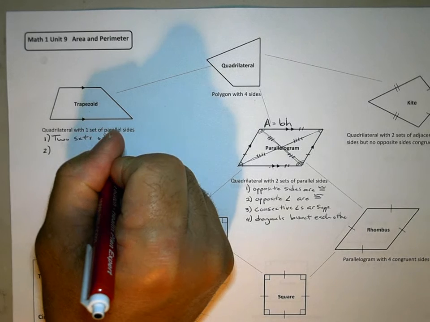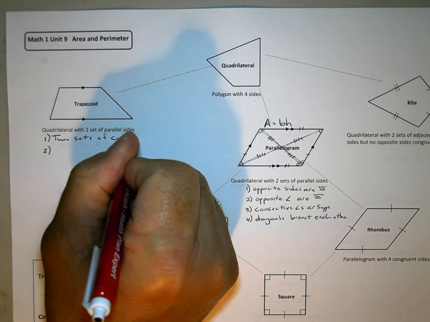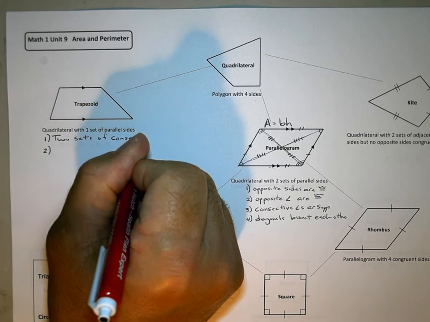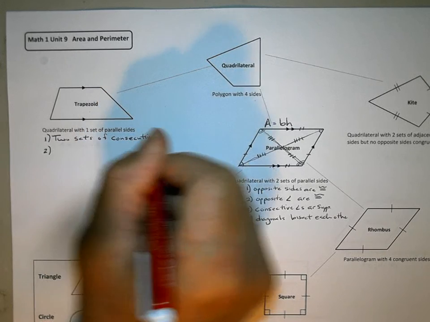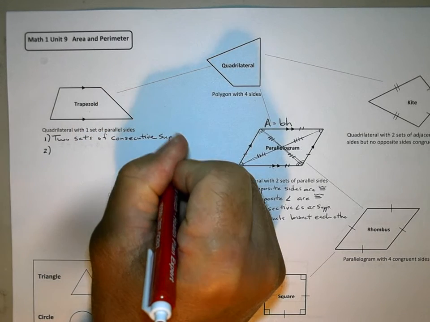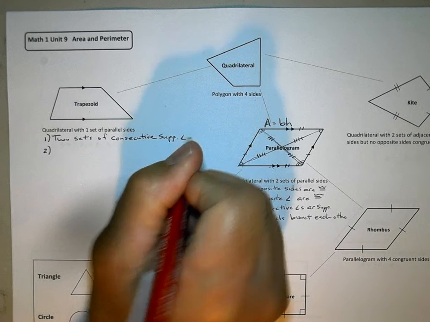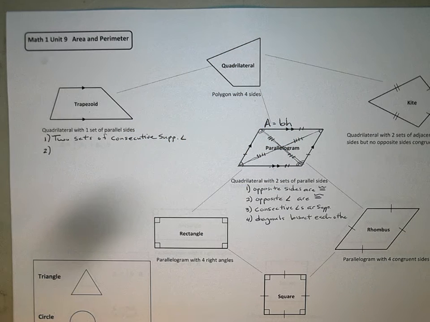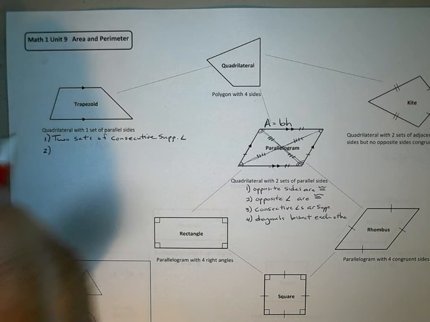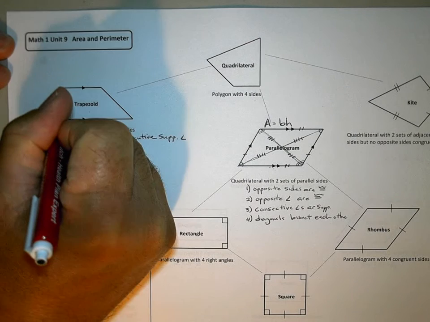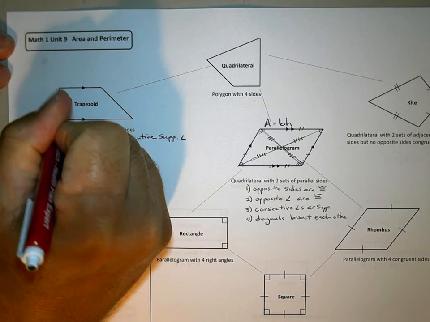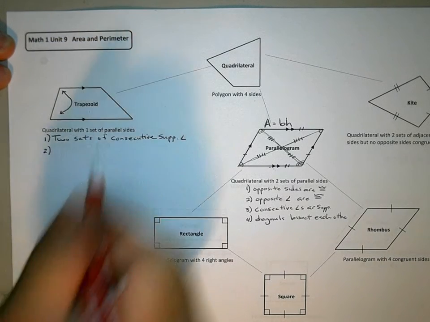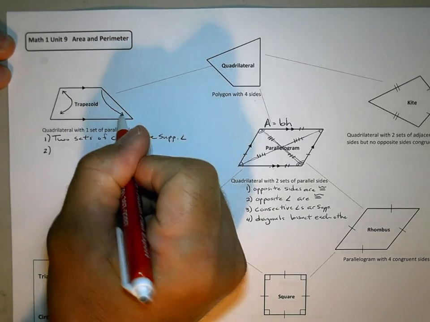of consecutive supplementary, I'm going to write a little shortcut, supplementary angles. Has two sets of consecutive supplementary angles, and what we mean is that these two angles are supplementary and these two angles are supplementary.